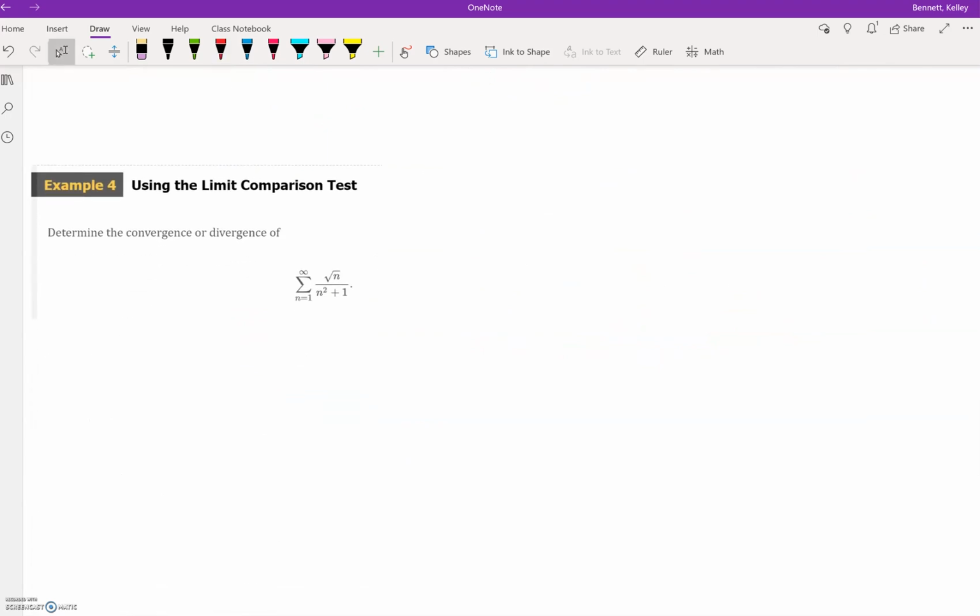So here, this one's kind of interesting because we're going to have to think carefully about what you might want to choose as your b sub n. So when I look at this, I might consider, say, the harmonic series, right?